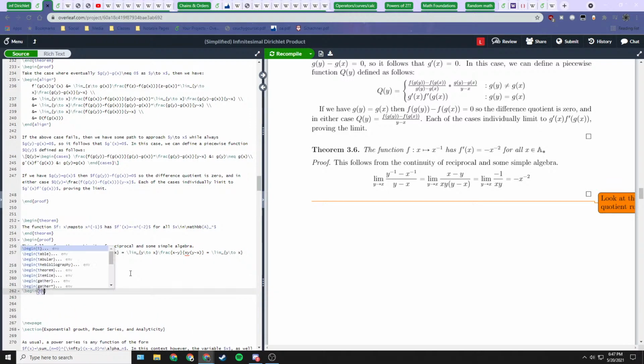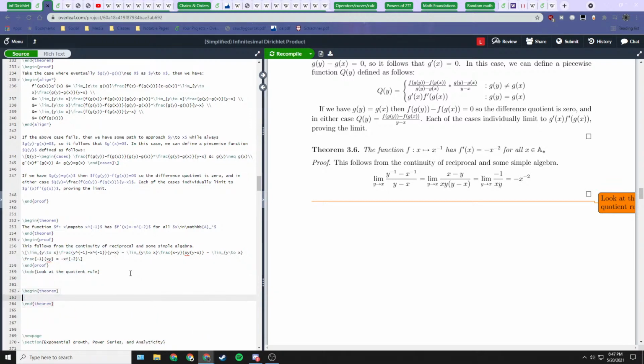So we'll say, let f map S to R be differentiable and S be convex.